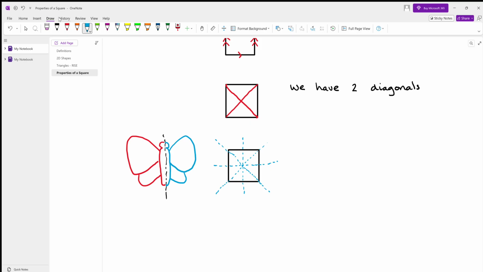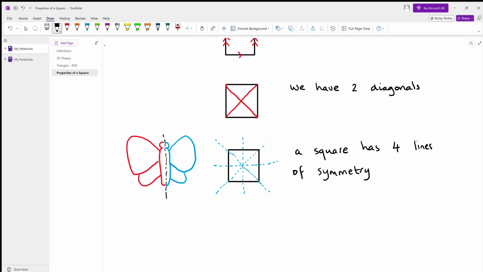So we can write a square has four lines of symmetry. You can say four lines of reflective symmetry, but that might get a bit too much at the moment. So we'll say four lines of symmetry.